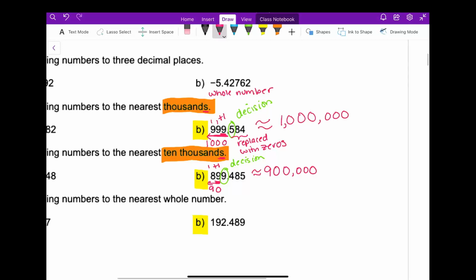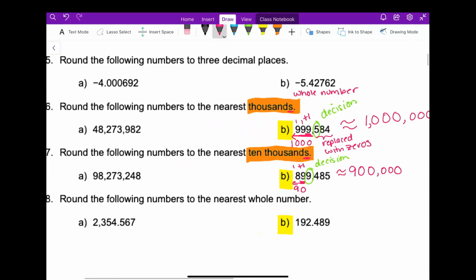Last one. It says round the following numbers to the nearest whole number. Ooh, I love this one. This one's a little tricky. It doesn't say which place. This is a decimal. So in other words, we are getting rid of these decimals, and I'm going to do it gently because we have rules, okay?